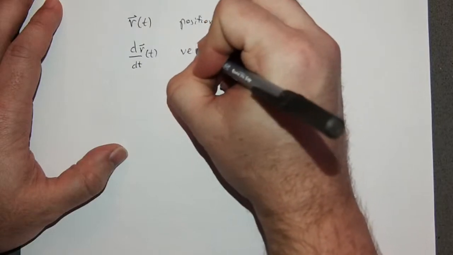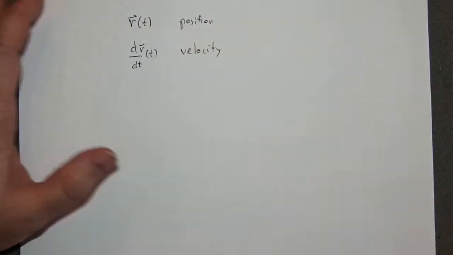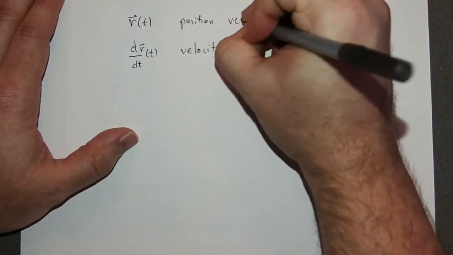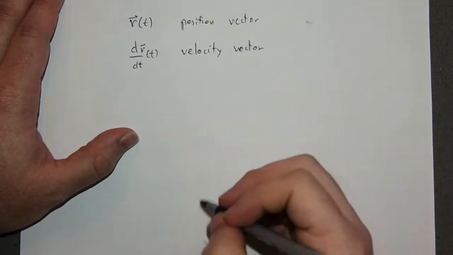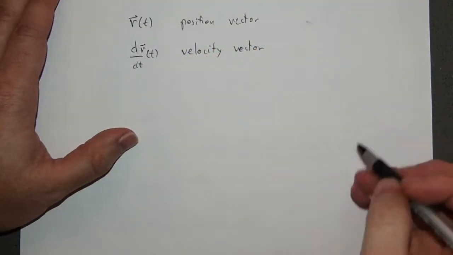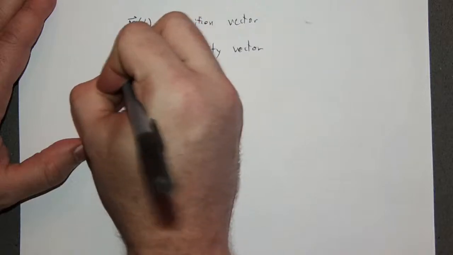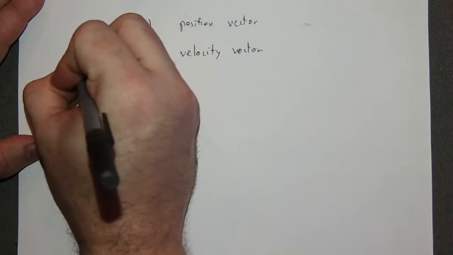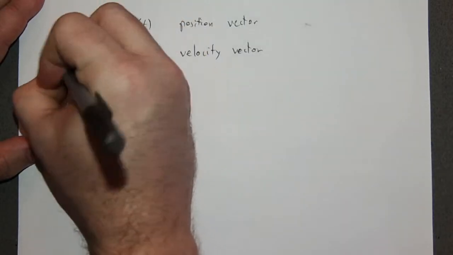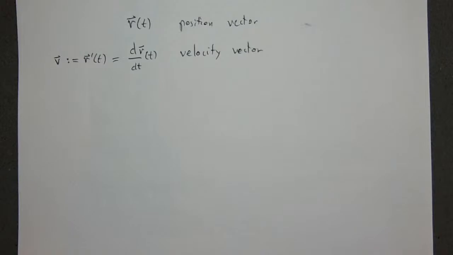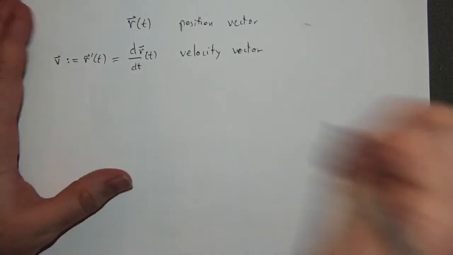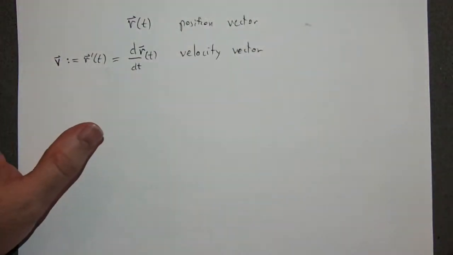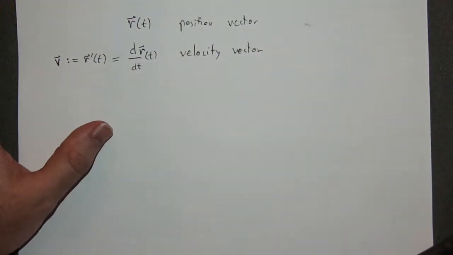This is my velocity vector. So r of t is my position vector at time t. dr/dt of t is my velocity vector. Of course, this is the same thing as r prime of t. This is what we're defining to be v. Okay, I know my r's and v's look similar. All right, so this is v. This is my velocity vector.